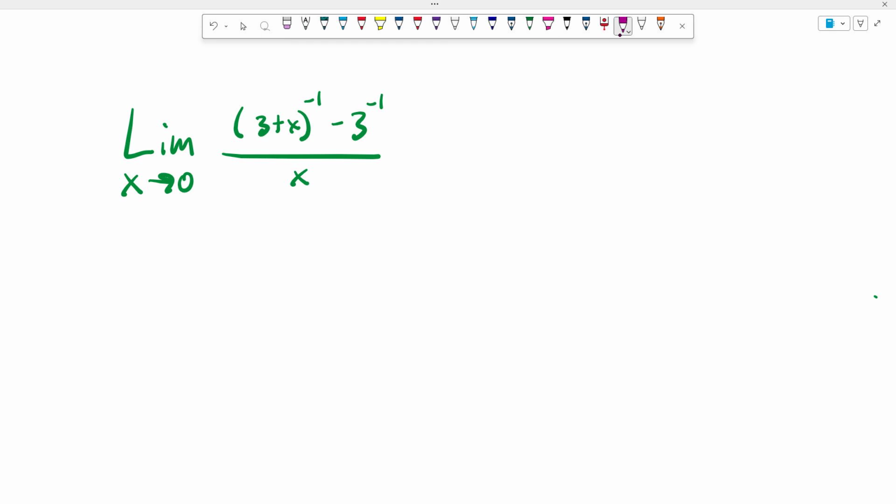If we try direct substitution here, we get 3 plus 0 to the negative 1 power minus 3 to the negative 1. We get 0 over 0. What are we going to do here?